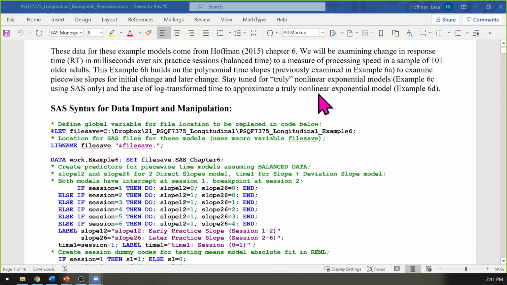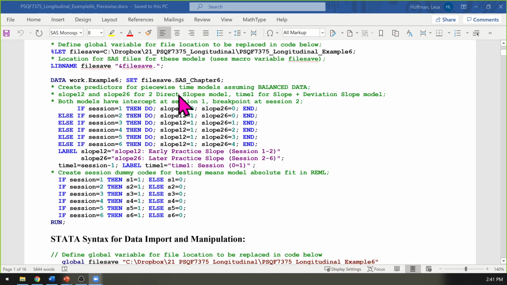So here is the syntax to do this in each of our programs. And I have written this out for the sake of transparency. There are faster ways to code this that you can certainly use, but I wrote it out so that it would be clear. So in this example right here, I'm making 3 total new variables.